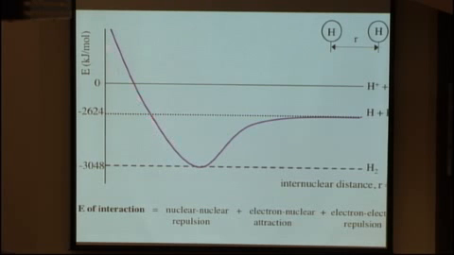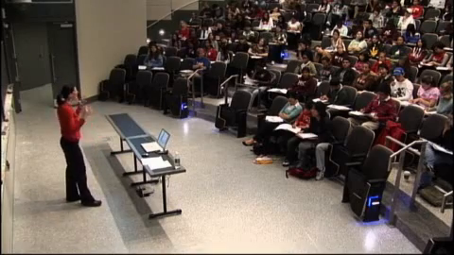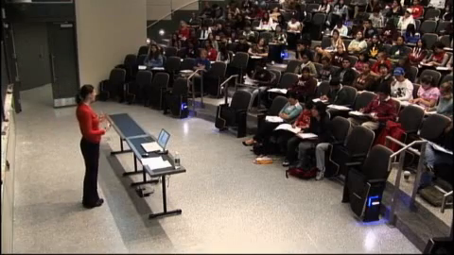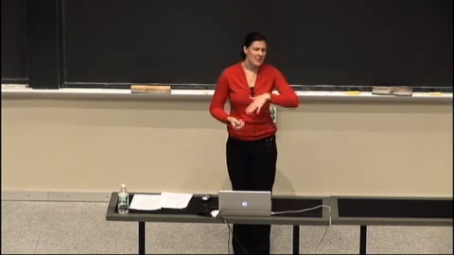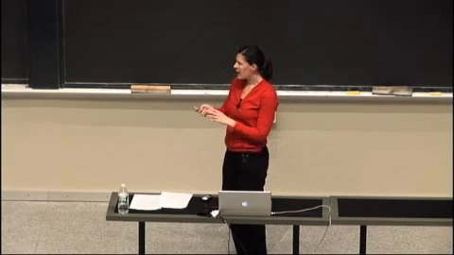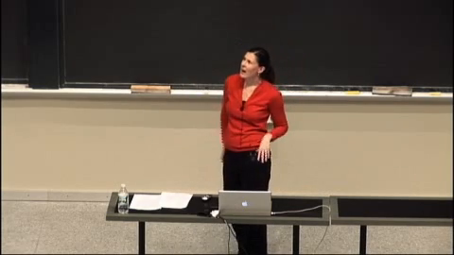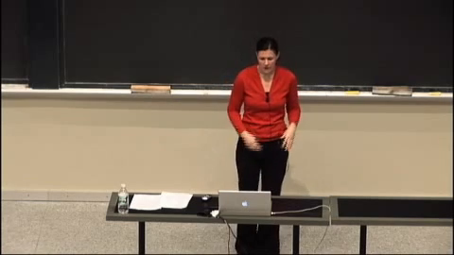And in fact, they take over at some point, becoming the more prevalent of the forces. So as you get closer, the electron-electron repulsions and eventually the nucleus-nucleus repulsion is going to mean that your energy is just absolutely skyrocketing. So it just keeps going up and up as you get closer to zero here.